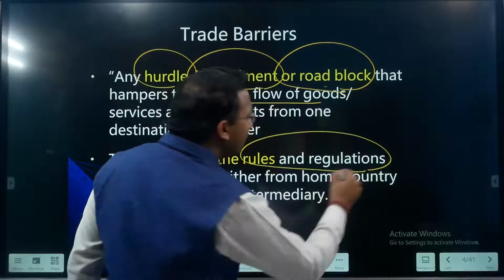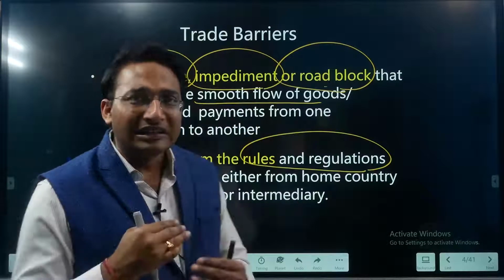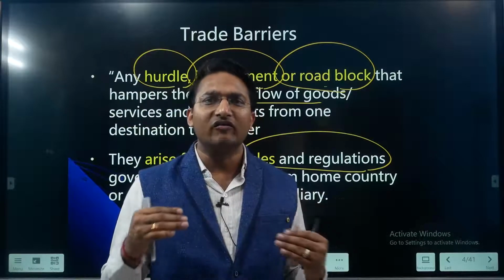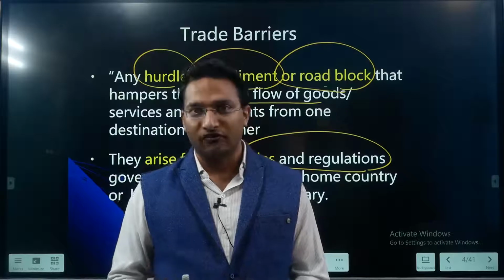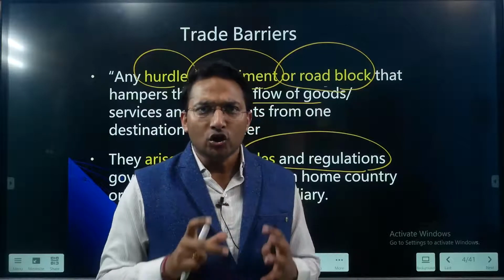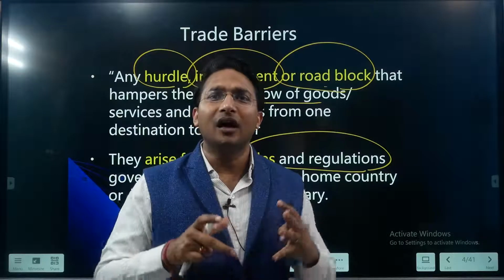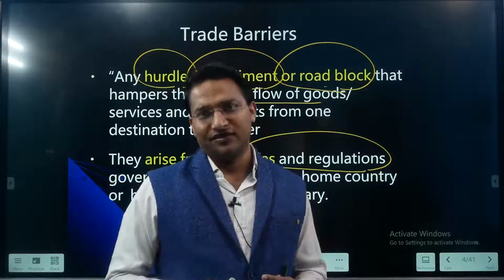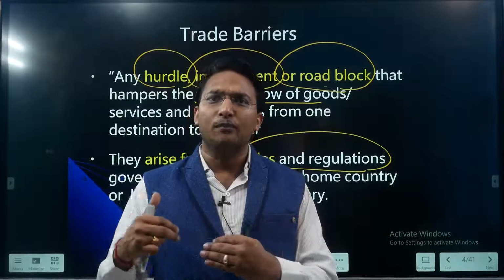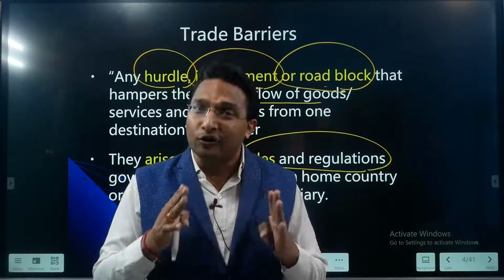So how do these hurdles get created? These are not the natural hurdles. These are the hurdles which are created by mankind itself. So they are man-made obstacles. These rules and regulations are put by the countries themselves. For example, USA makes some policy and puts such regulations.